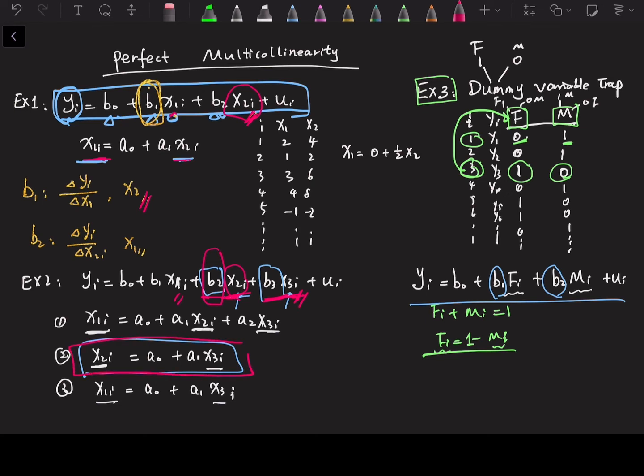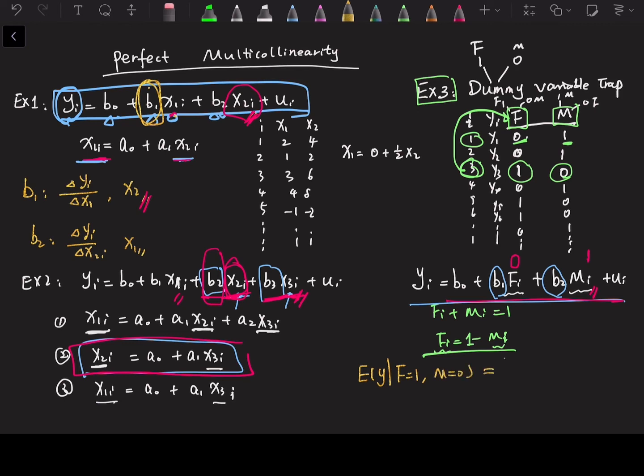So once you hold the other variables constant, there's no change in x2, which means you just can't find the effect of change in x2 on y. Same thing here: once you hold male constant, if male equals 1, the female has to be equal to 0. I just use the dummy variable trap as an example. So the expected value of y given female is 1, male is 0.